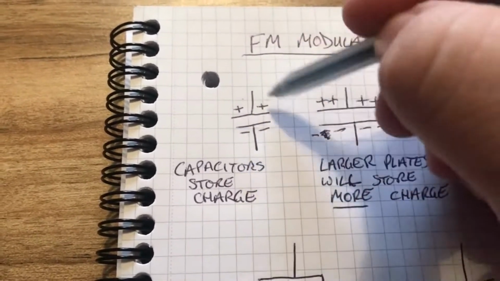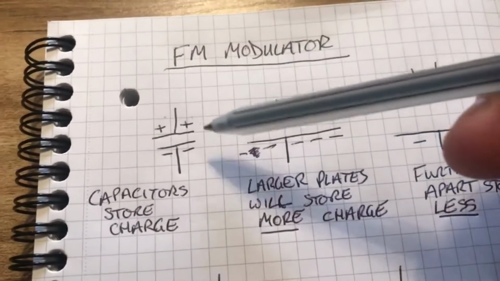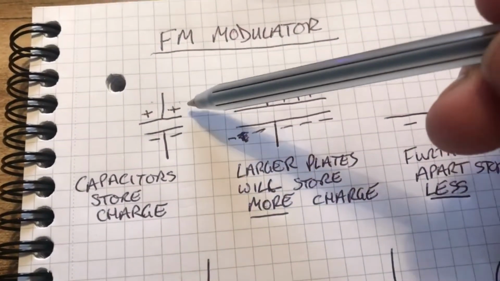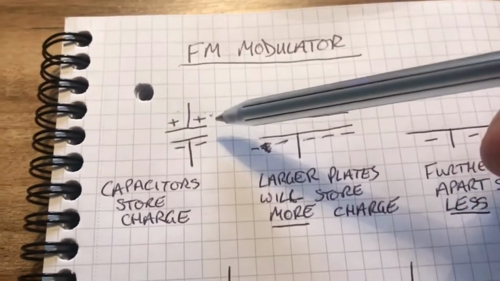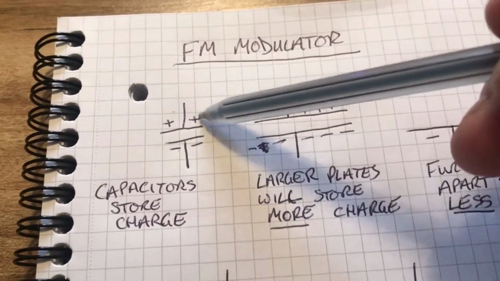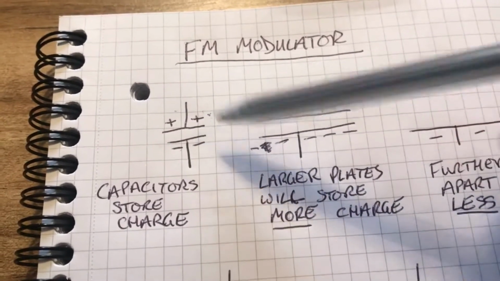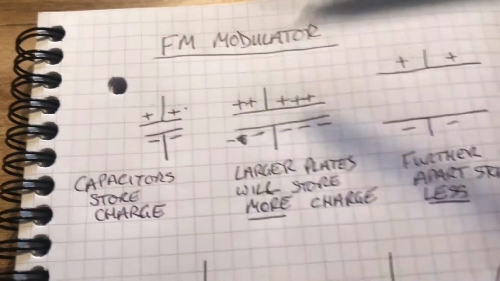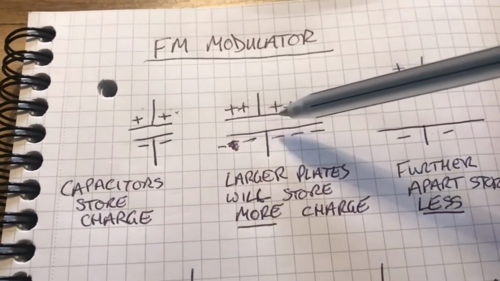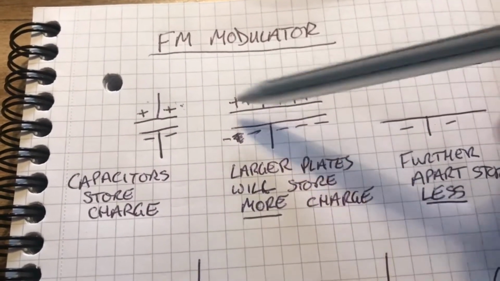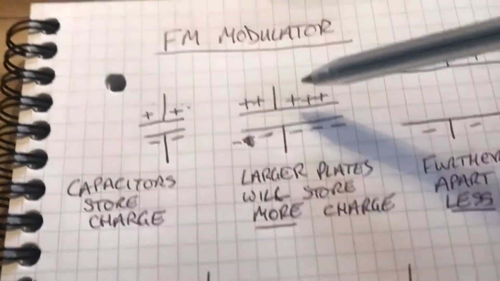Just drawing that out here, we've got a capacitor which has a certain amount of charge. It's relatively small, but it's storing this electric charge. We've got pluses on one side and minuses on the other, and obviously, as the saying goes, opposites attract. So these are actually pulling on each other to keep them in place. If we move to larger plates, there's more space for more charge to settle.